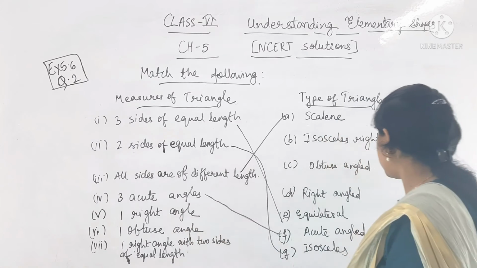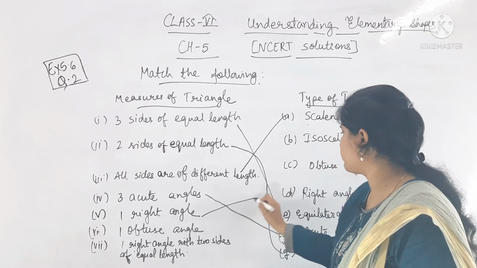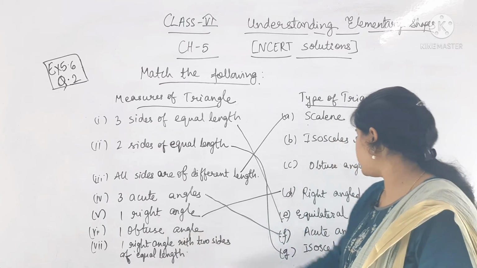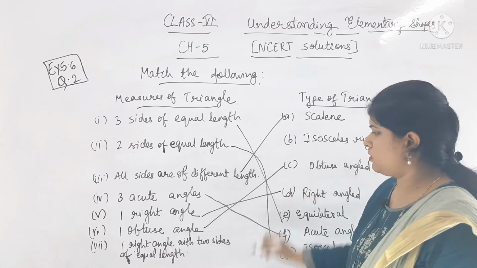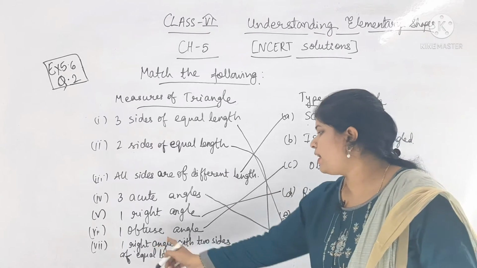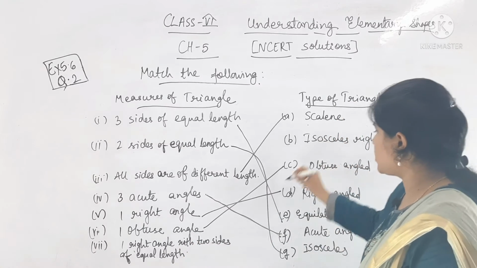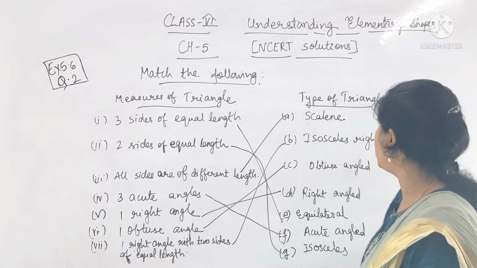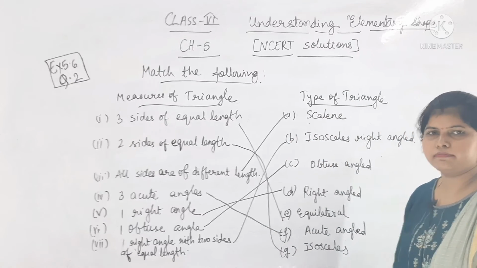One right angle means right angled. One obtuse angle means obtuse angled. One right angle with two sides of equal length, that is isosceles right angled triangle. So this is about the matching.